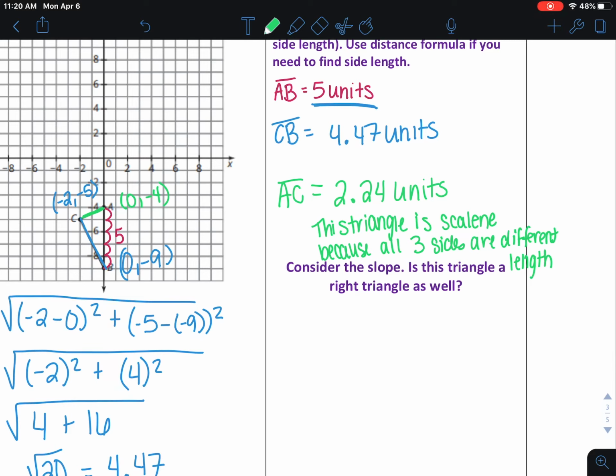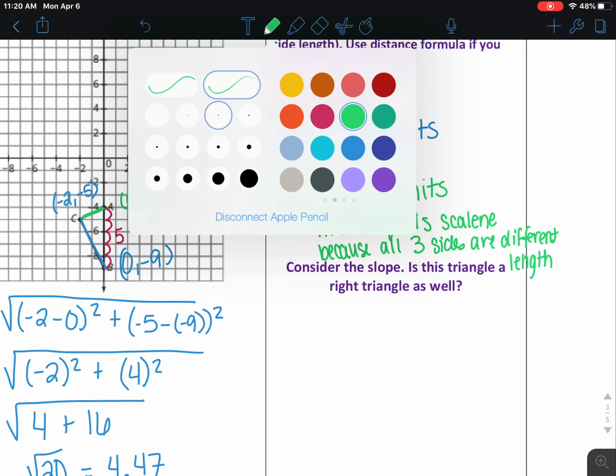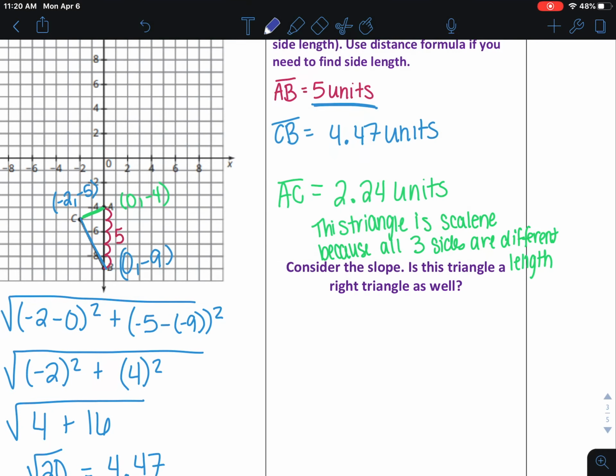So is this triangle a right triangle as well? Consider the slopes, all right? This part, I don't anticipate many of you knowing from prior knowledge. So we're going to look at all three of the slopes. And remember, back, I think last semester, we were working with perpendicular lines.